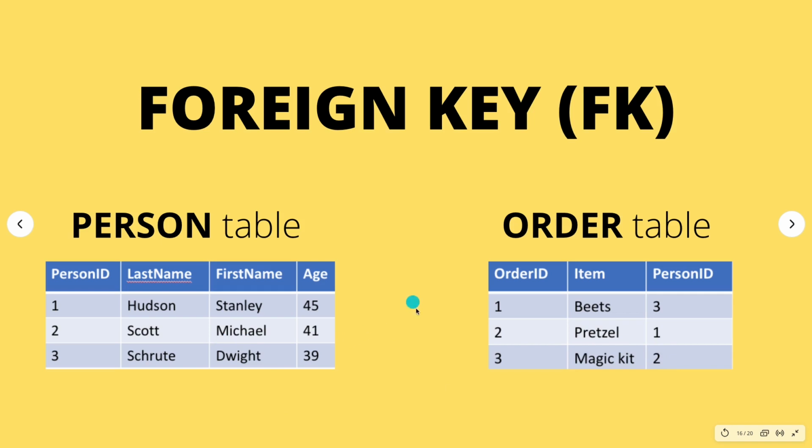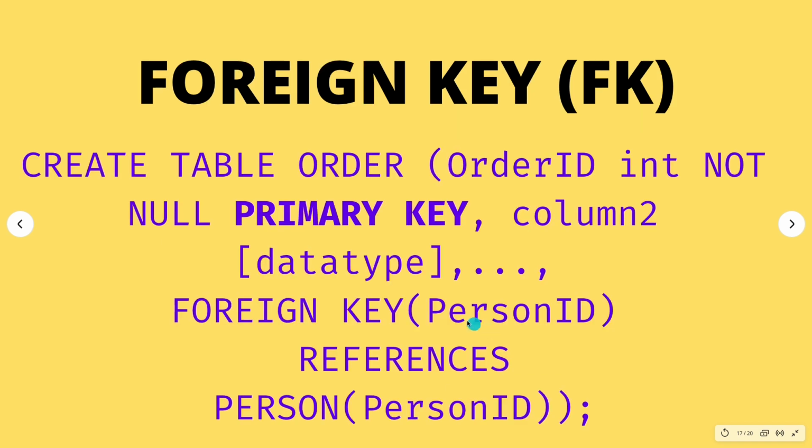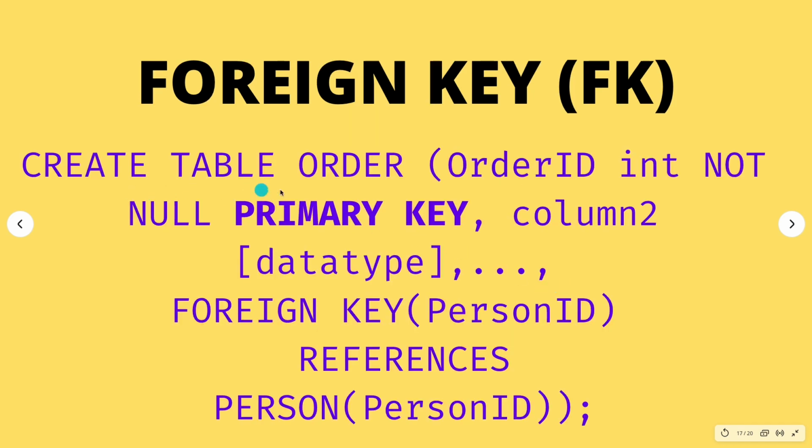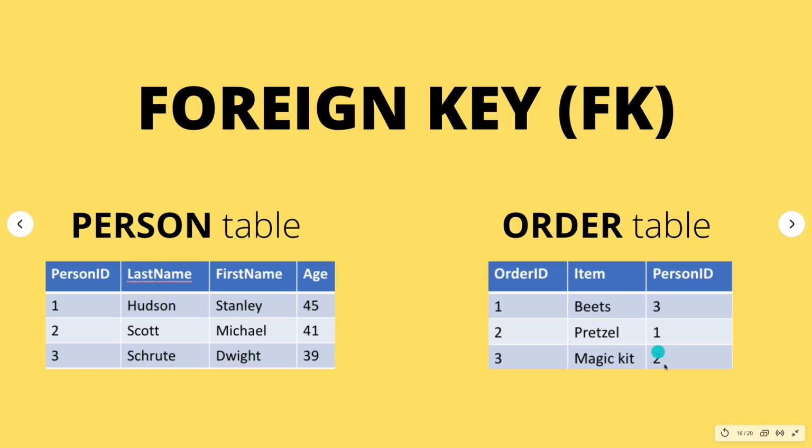In terms of syntax, let's say in this example we're creating this order table that is shown here. What we want to do is create an order ID first, which is a primary key, and then we set the foreign key as person ID. So this is the foreign key.